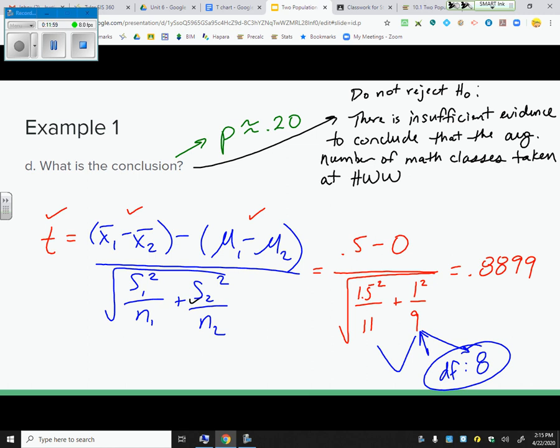Hard Work U, that says Hard Work. Hard Work U is greater than, I'll just say that, the School of Hard Knocks.